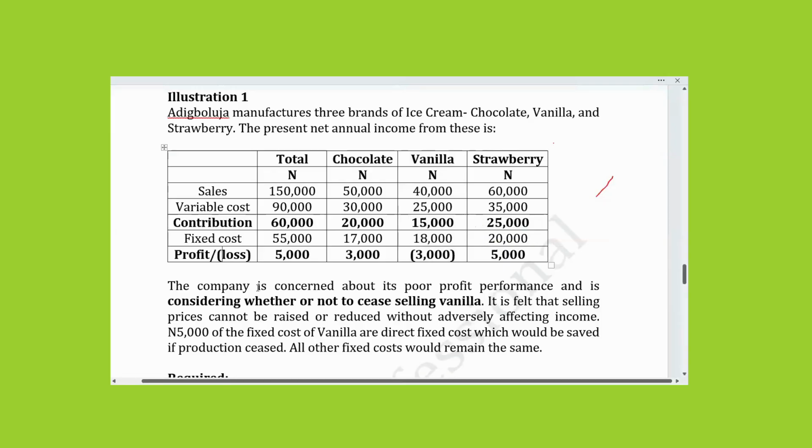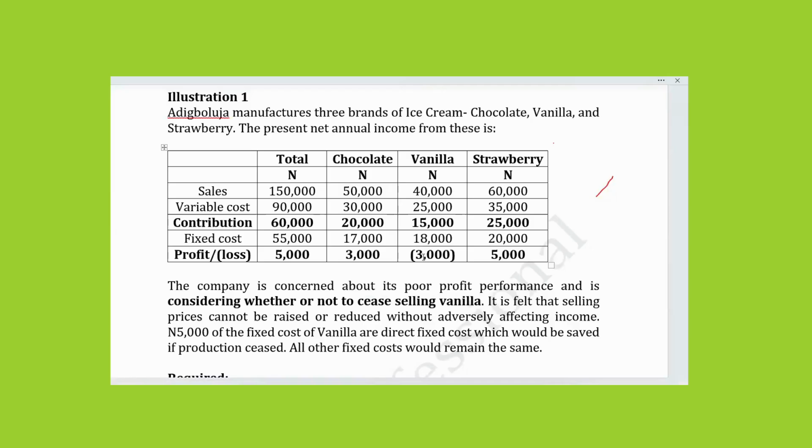And that is why the company is considering whether or not to cease selling vanilla, because vanilla is operating at a loss. The reason why I'm emphasizing this is that it is possible in a particular question or in a particular instance, the examiner may not give to you the income statement that will show profit or loss.